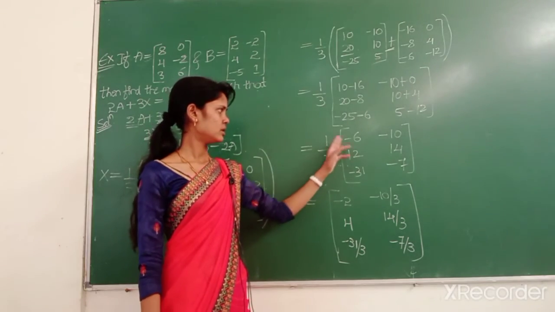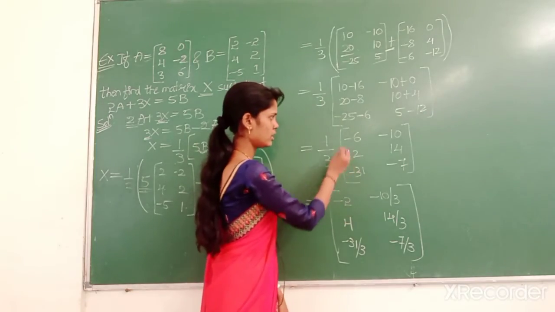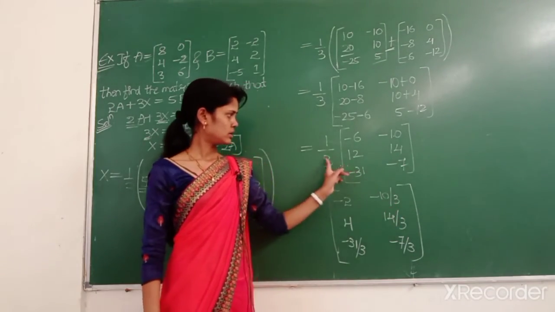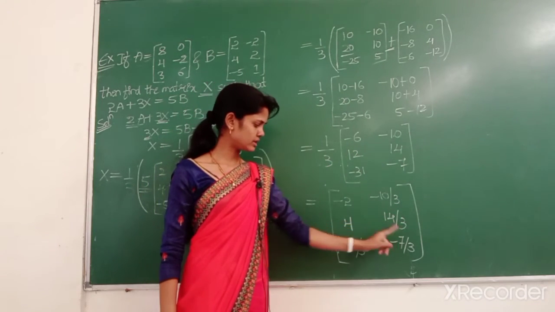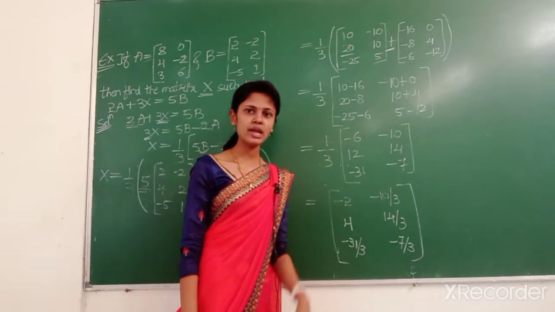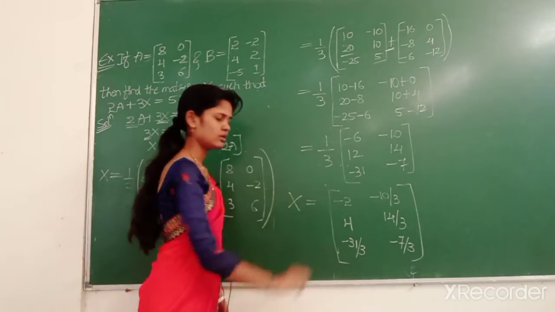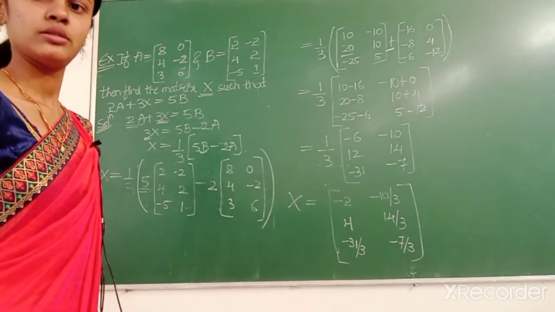That means minus 6 divided by 3 is minus 2. Minus 10 divided by 3 is minus 10 by 3. 12 by 3 is 4. 14 by 3 is 14 by 3. Minus 31 by 3, minus 7 by 3. This is the matrix X, which we had to find here.